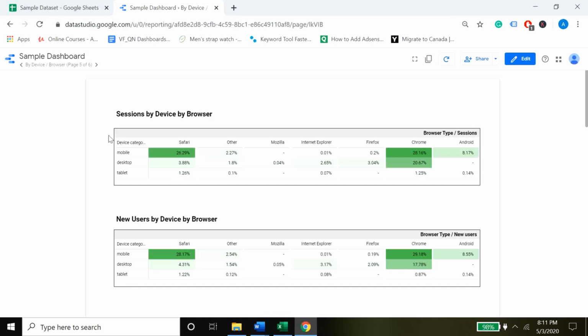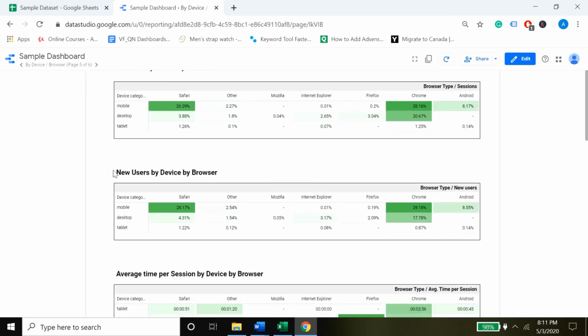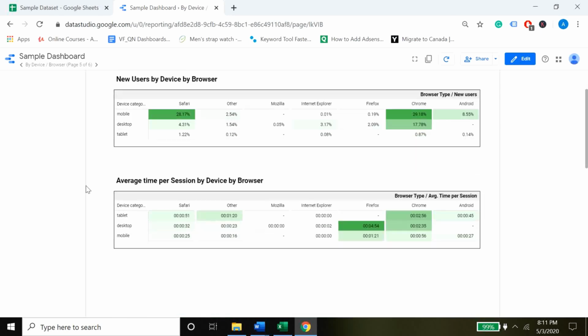Similarly, I did the same thing for new users. The first table up here covers sessions. The second table covers new users, because I want to see where new people were coming in from. These are the people for whom this was their first time, or who haven't done repeated sessions.